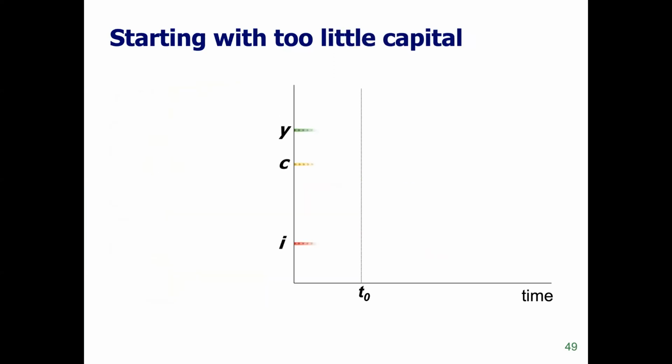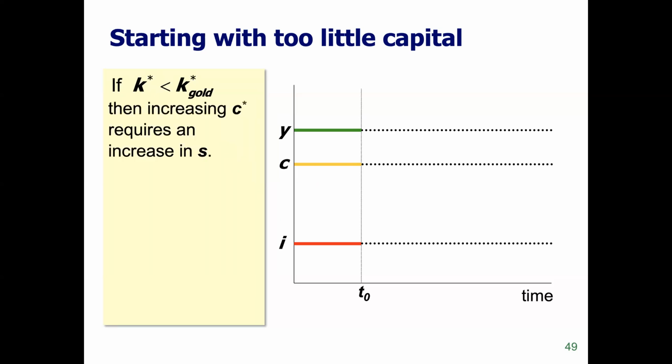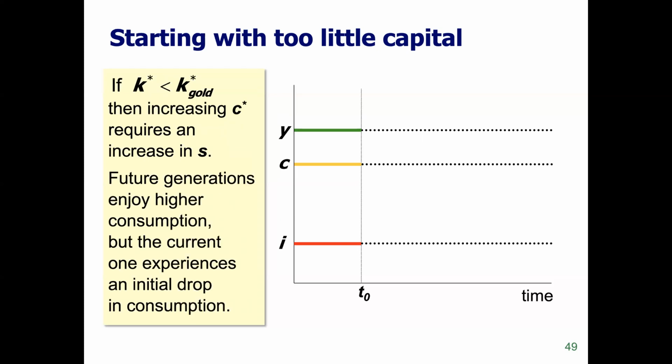But what if you start with too little capital? Now, we have to increase the saving rate in order to get to a higher steady state capital stock, right? The steady state capital stock has a positive elasticity with respect to the saving rate. As we saw, if we're going to increase the saving rate, that's got to make an immediate drop in consumption.